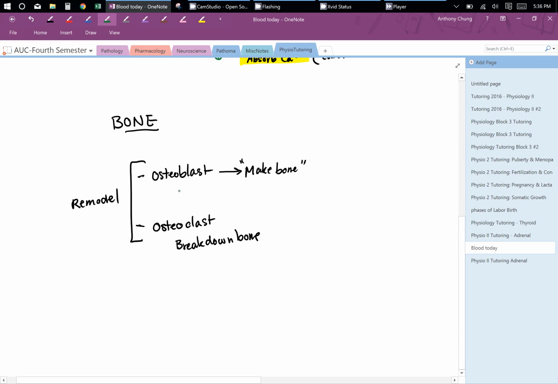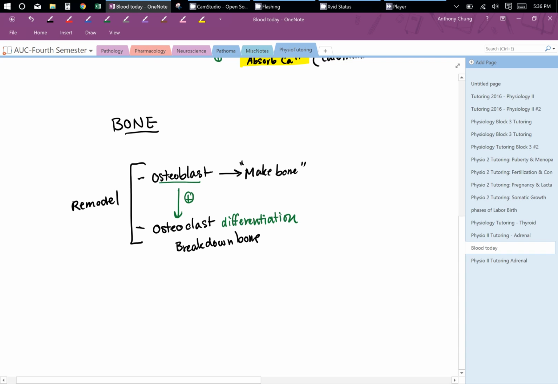So osteoblast will actually stimulate osteoclast differentiation. So it will make the precursor pre-osteoclast differentiate into osteoclasts. So this will actually stimulate it.